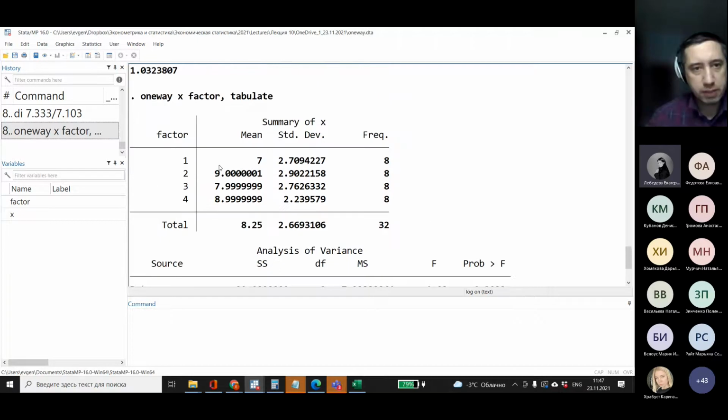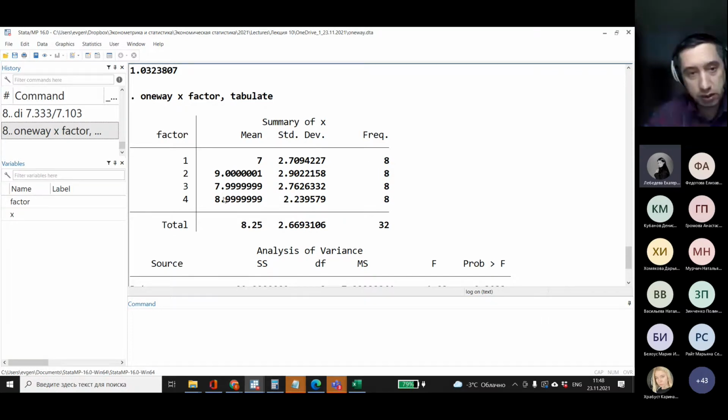Look, if I produce a summary table, if I use the option tabulate, Stata will create a table with summary statistics. By the way, it's pretty convenient for us because it calculates simple descriptive statistics. So this row is the same as the output after the summarize command. And in addition, it calculates averages for each factor: what is the average for level 1, for level 2, 3, 4, and their respective standard deviations and sample sizes.